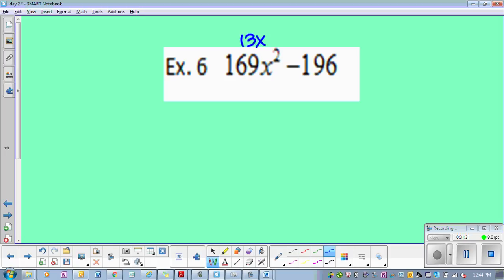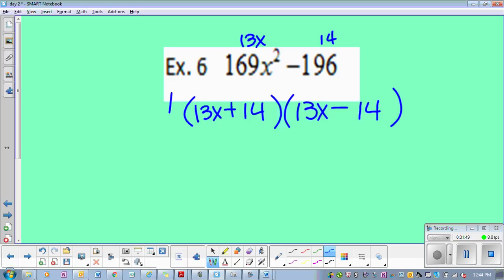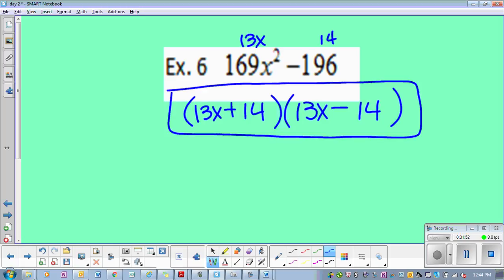X. Right? How about 196? It's 14. So double parentheses, 13x plus 14 and 13x minus 14. Questions?